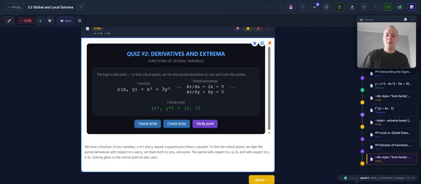Separately, we find how our function z changes when y changes. This is the way we can find partial derivatives for both of our variables, and we will get the first partial derivative as 2x, and the second as 6 multiplied by y.